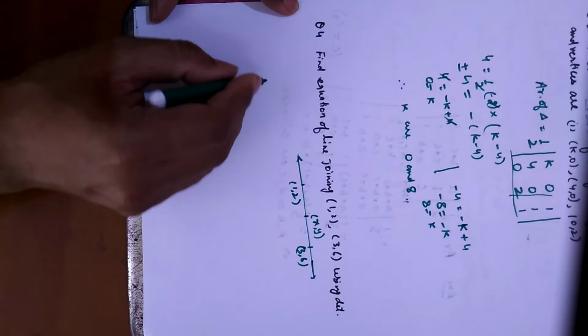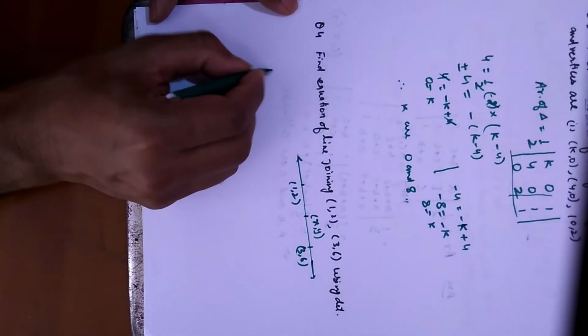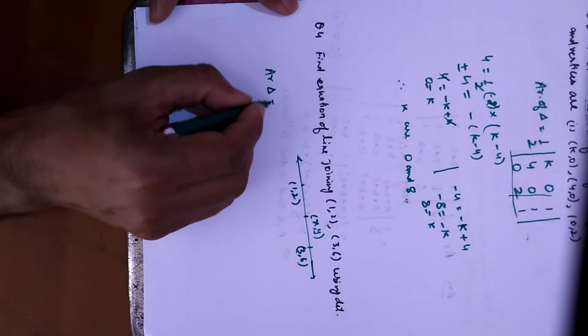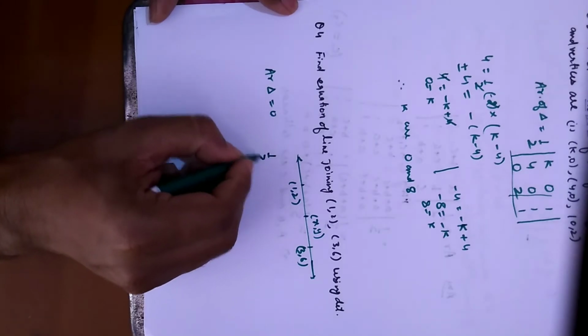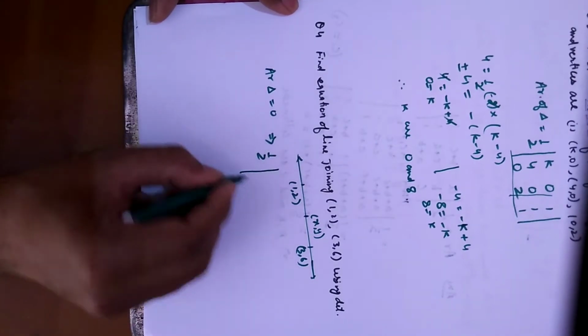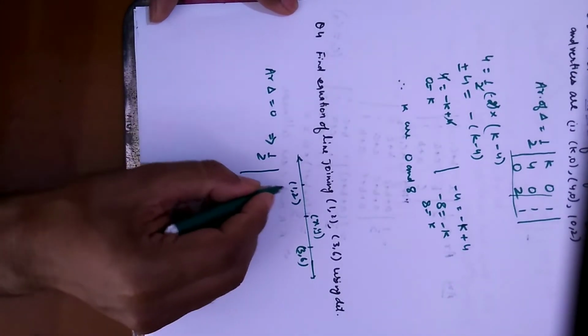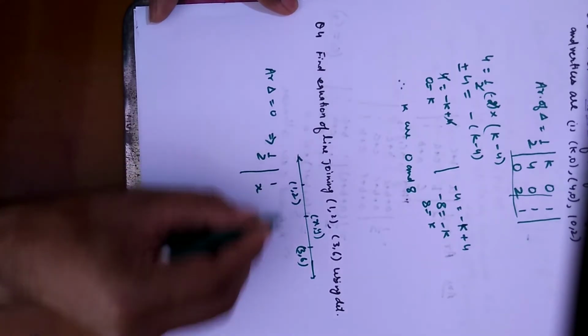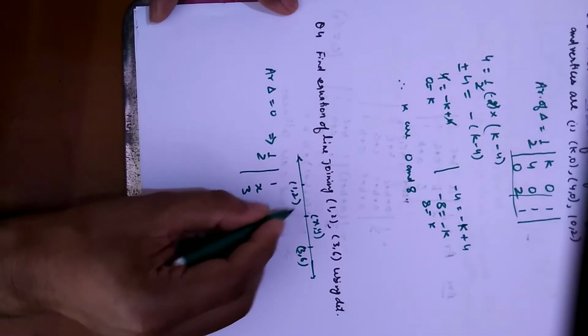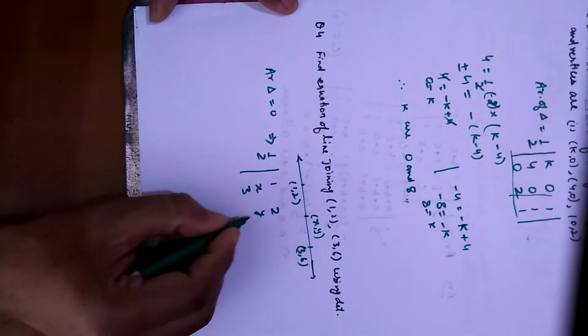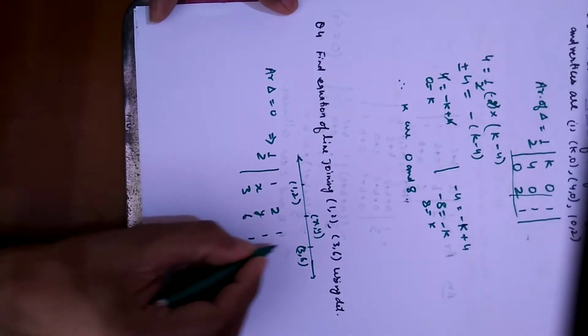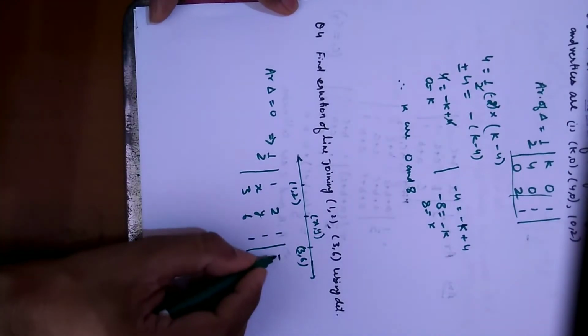So now you can see all points are collinear. So the area of this triangle will be 0. So it means 1 by 2, because all 3 points are now collinear, the determinant with rows 1 x 3, 2 y 6, 1 1 1. So now this you put equal to 0.